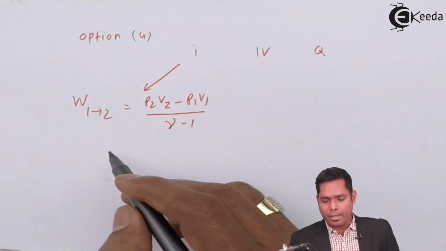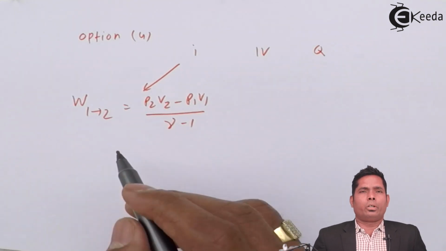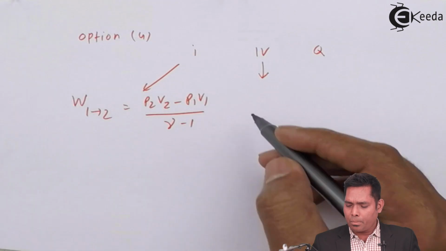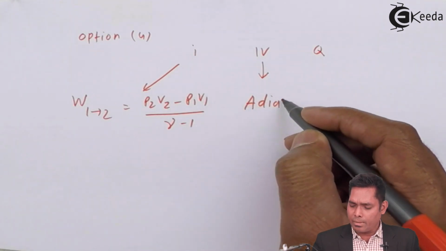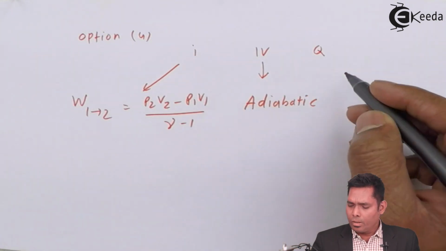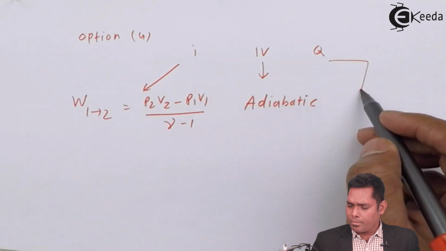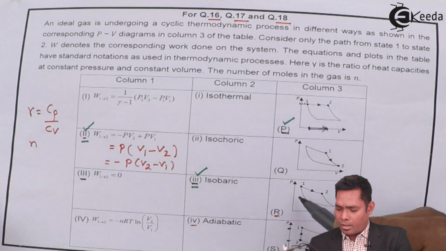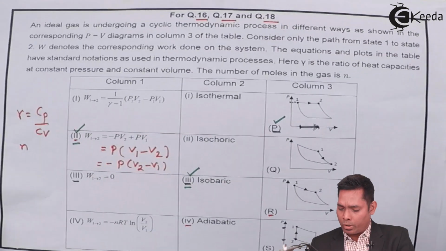This is the work done on the gas during the adiabatic process. The fourth one, from the second column, is the adiabatic process, and this is the PV diagram. This represents the PV diagram, and R and Q is this one.